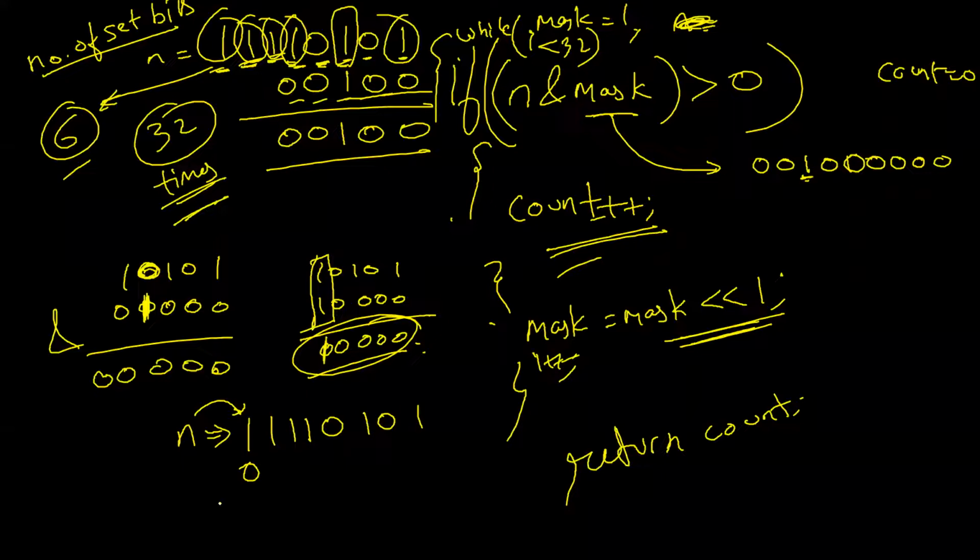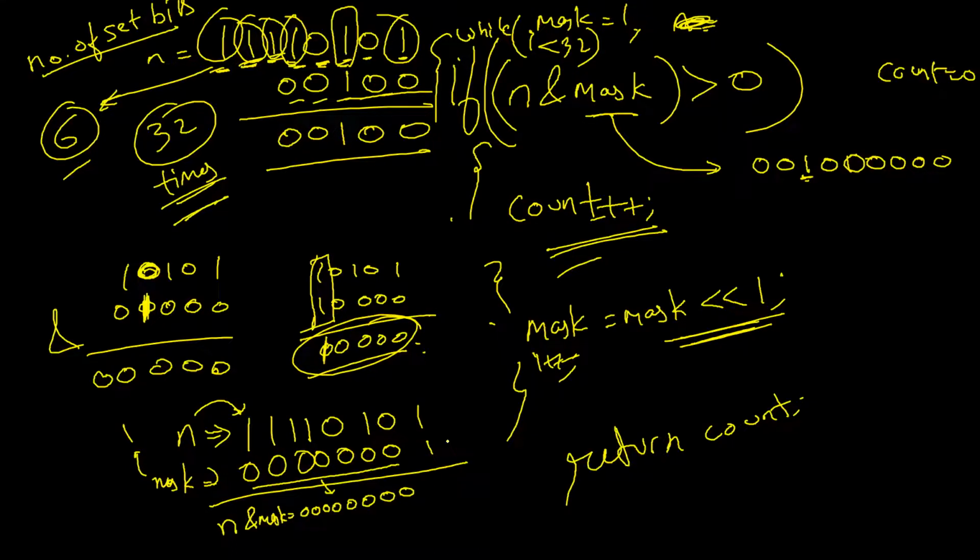None of our business. But if you do this thing, n bitwise and mask, you can see that all of them will give the value zeros, right? And then यहाँ पे 1 है, यहाँ पे 1 है. These both are ones, right? So you will be getting 1 as the bitwise and.